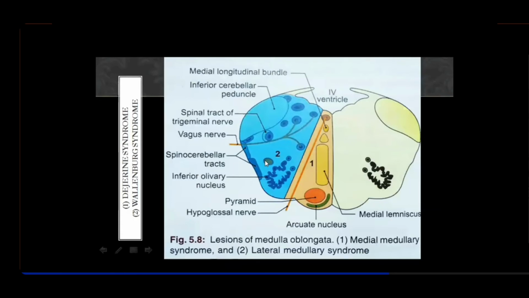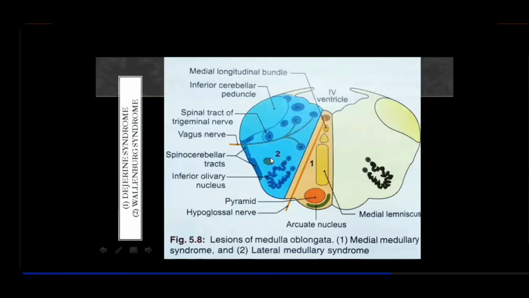The word decussation should not really be used here, actually they cross to the opposite side, since decussation is a bilateral term. So the pain and temperature fibers from the opposite half cross at the same level and then ascend like this.